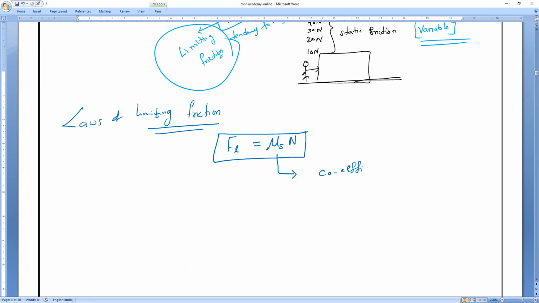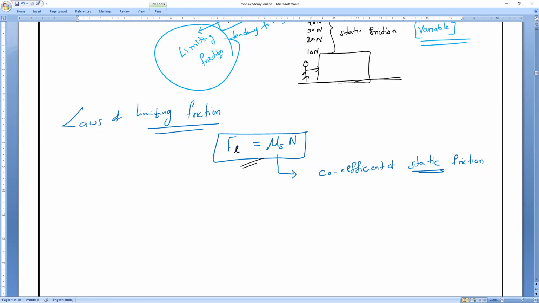Limiting friction is the maximum static friction.